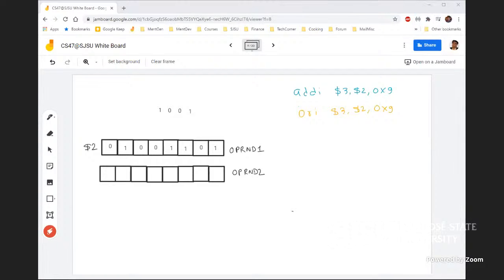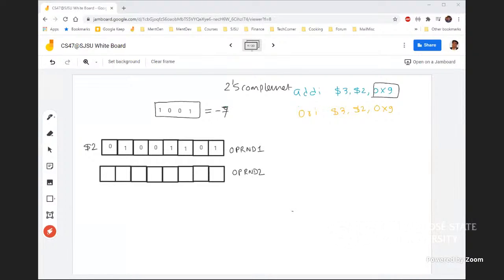Remember, in our number system discussion, we did discuss the 2's complement system. There, a bit pattern of 1001, in 2's complement form, is really equal to -7.